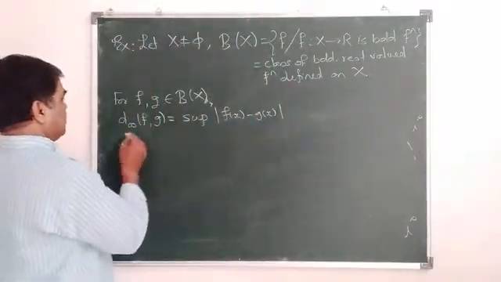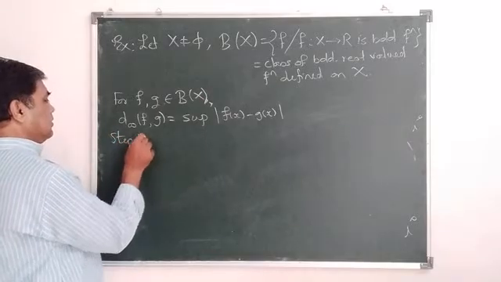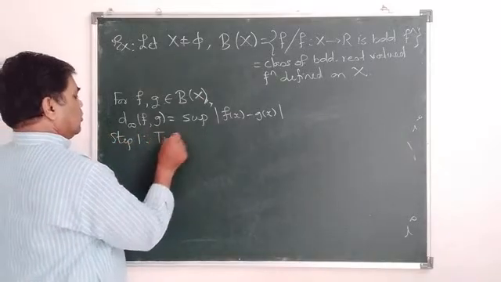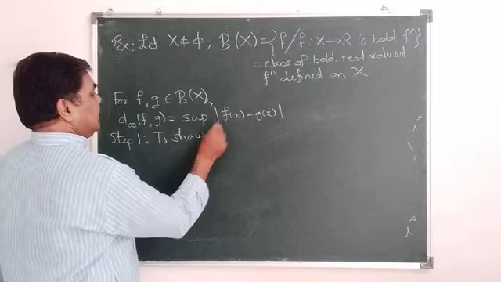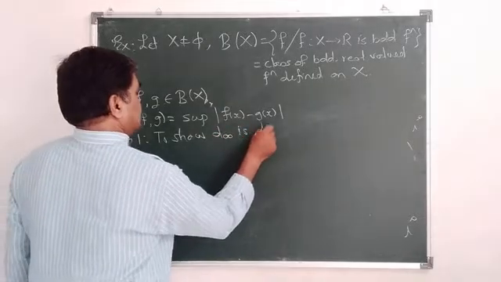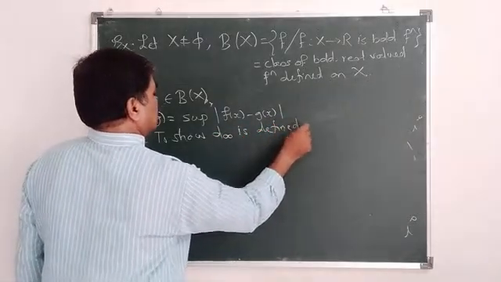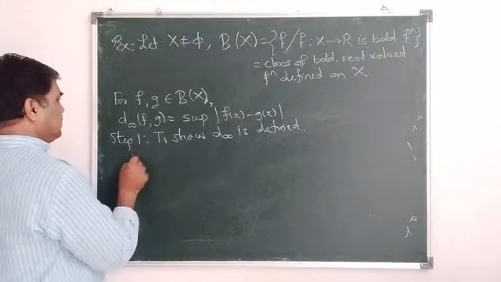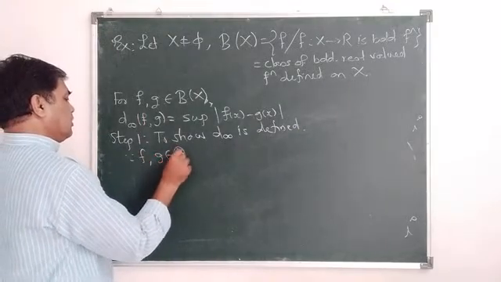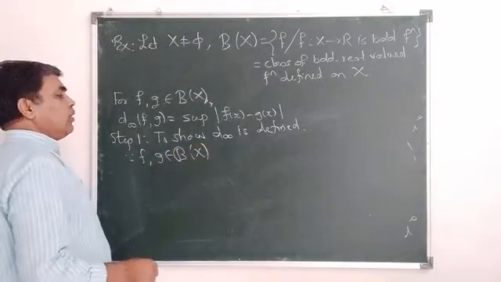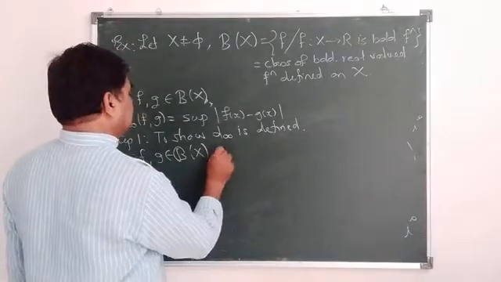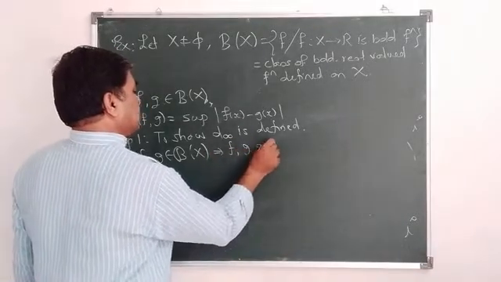Okay. So step first, to show d infinity is defined. Now since f, g belong to the class of bounded functions defined on X, this implies f, g are bounded functions.